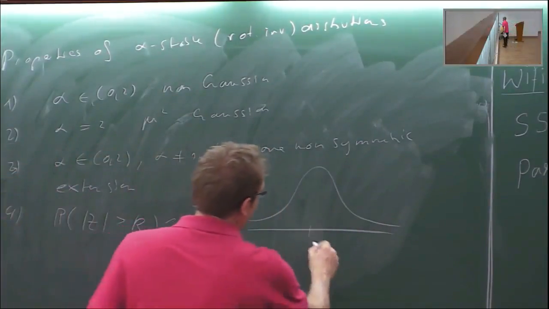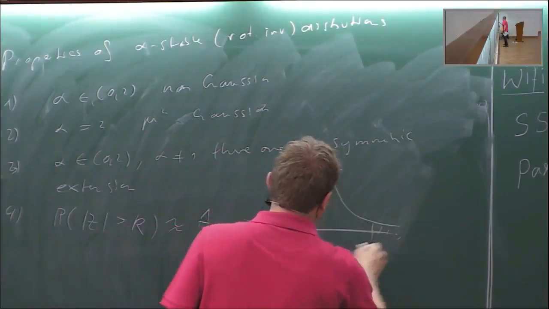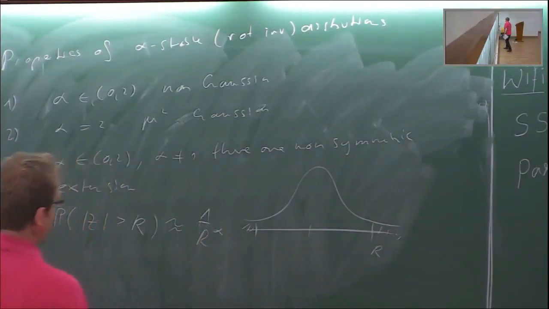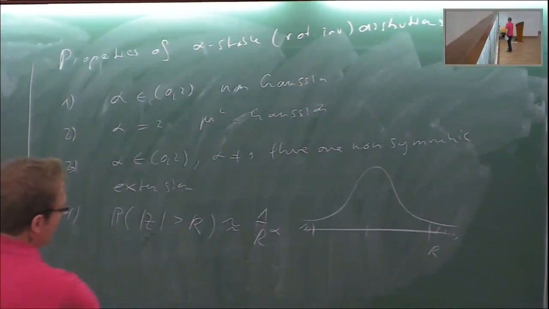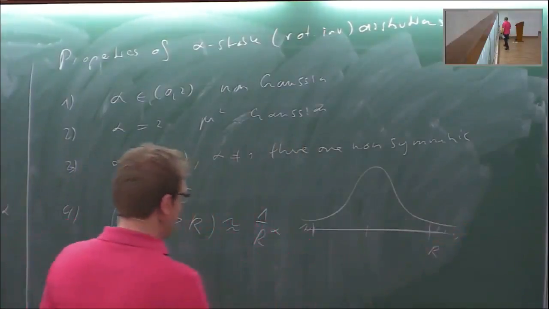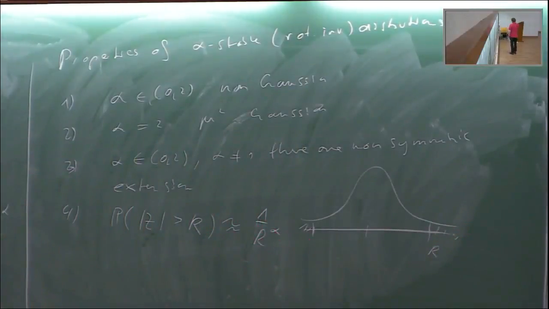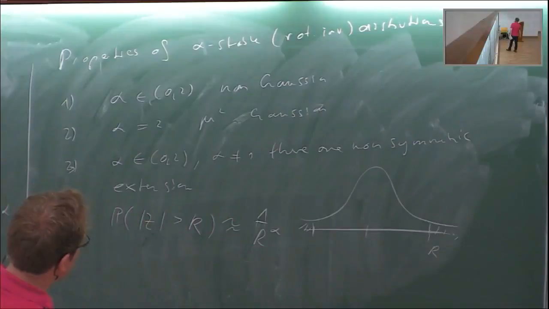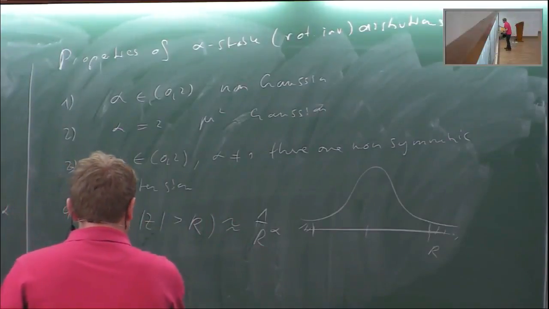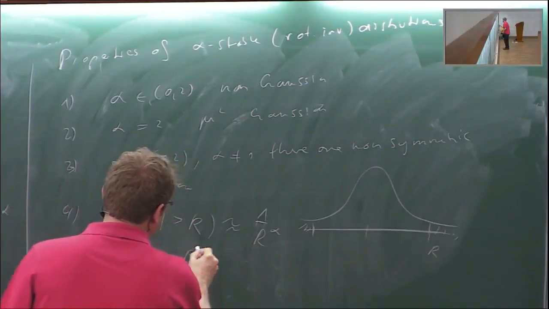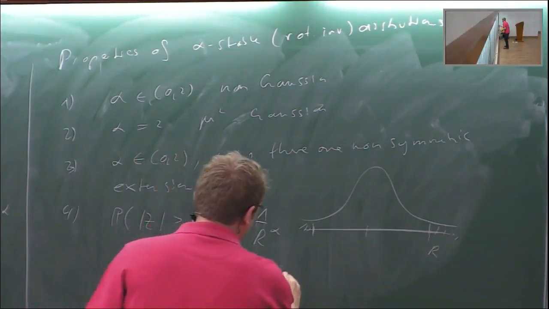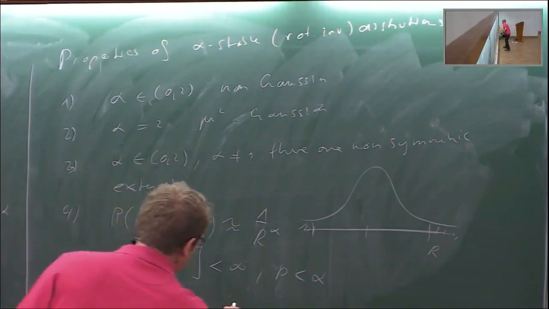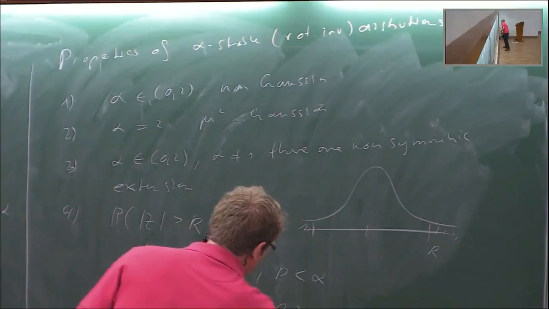As r is getting larger and larger, the mass outside decays as a power of alpha. This slow decay means that there is still a lot of mass very far from the center, which in this symmetric case is 0, and it means that not all of the moments exist. The expectation of zeta to the p is finite if p is less than alpha, and infinite for p greater or equal to alpha.